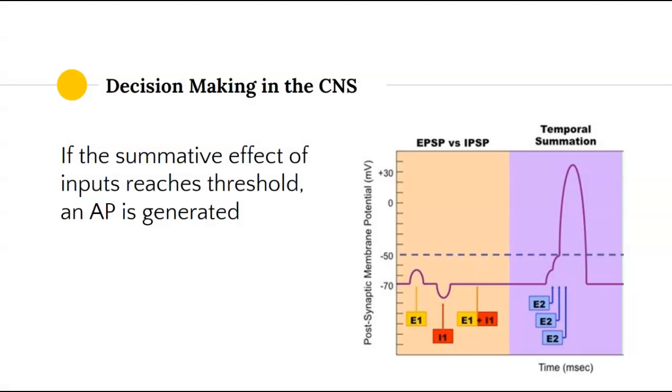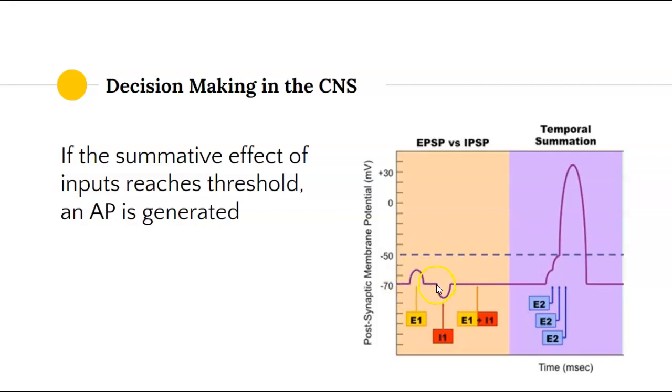So continuing with this idea of decision making, if the summative effect reaches the threshold, the action potential will continue in the second neuron. In this case, you can see at the beginning we have an excitatory, so a bump, we're getting close to the threshold.